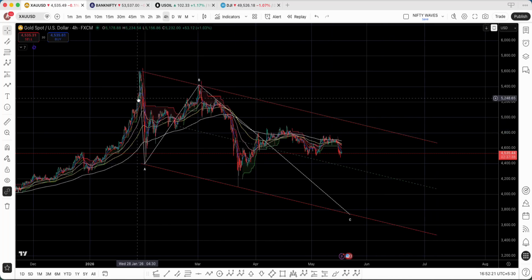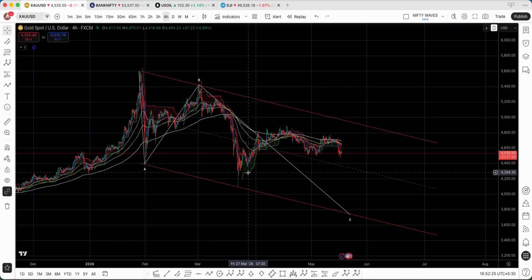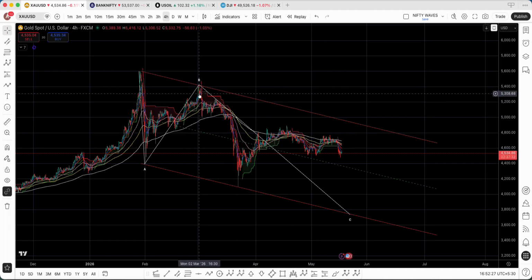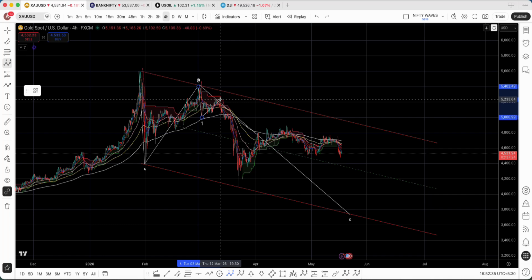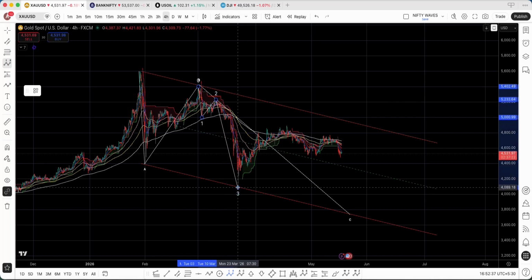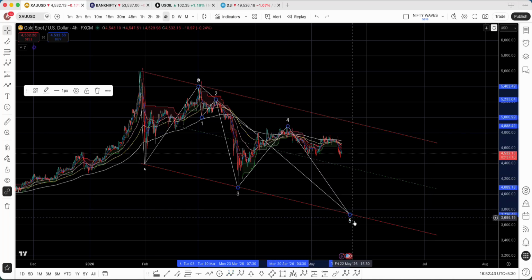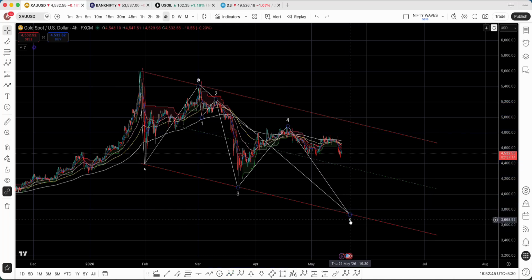And I say this because we've got your A wave and your B wave, and we've got what could possibly be an impulse heading down in the form of a C wave, because you've got your first wave here, your second wave here, your third wave here, and your fourth wave has finished here, and your fifth wave is pending for a final downfall here.